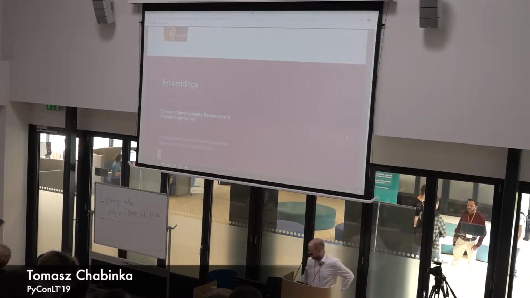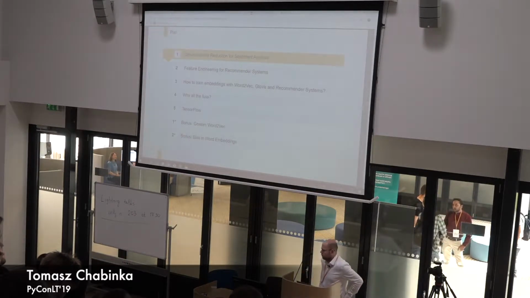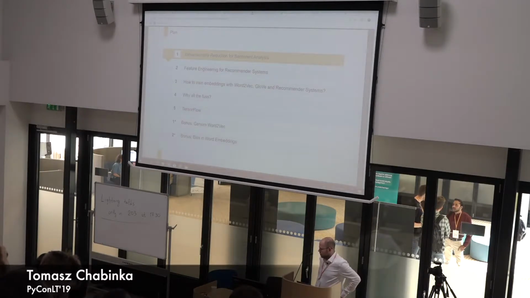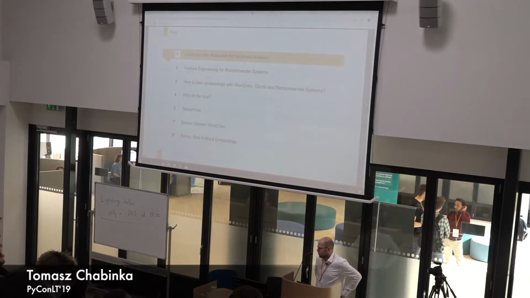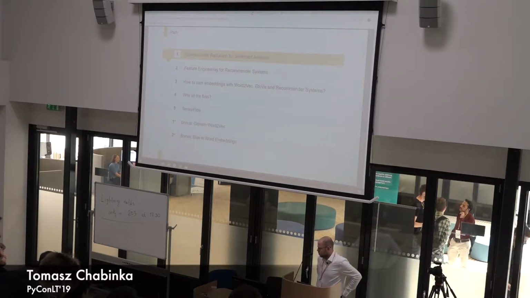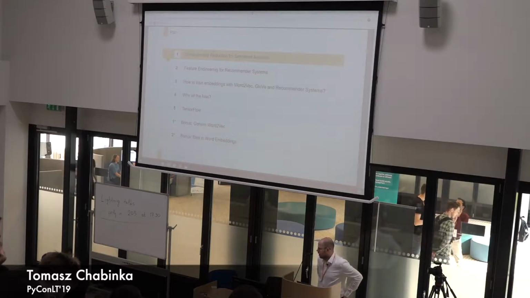The plan for today's talk is to talk about dimensionality reduction, about feature engineering, about how to actually train embeddings with the word2vec algorithm, the GloVe algorithm, and for recommender systems, and then how to use it with TensorFlow. I have two bonus sections, but I'm not sure if we will have enough time for that. We will see.